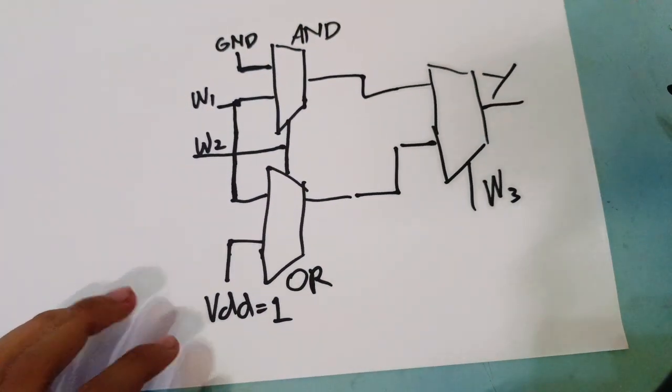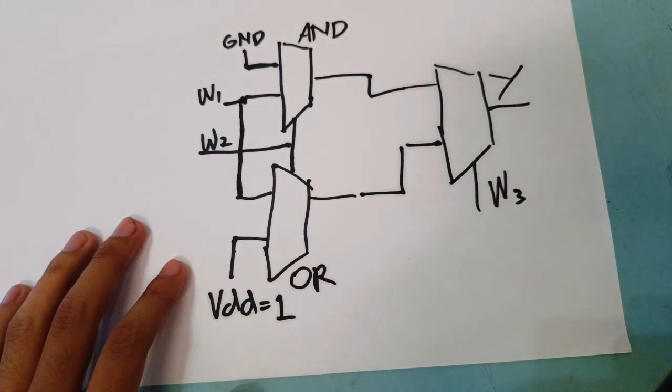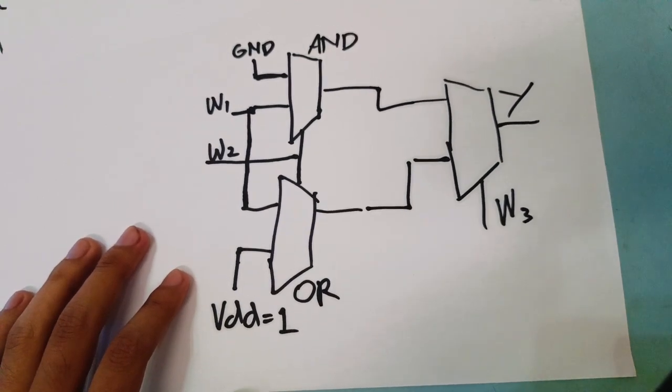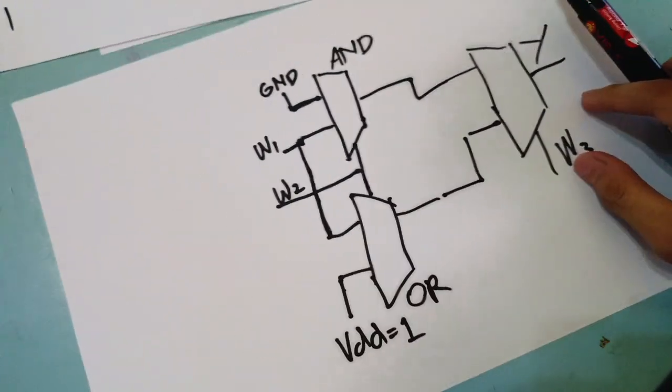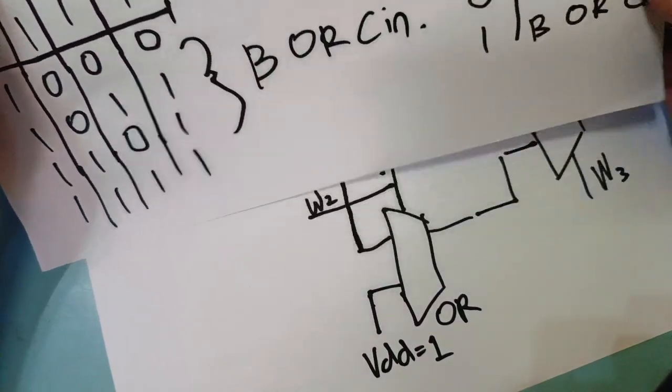Okay, this is how we implement the Cout of the full adder using three multiplexers. So let's check whether it's true or not.